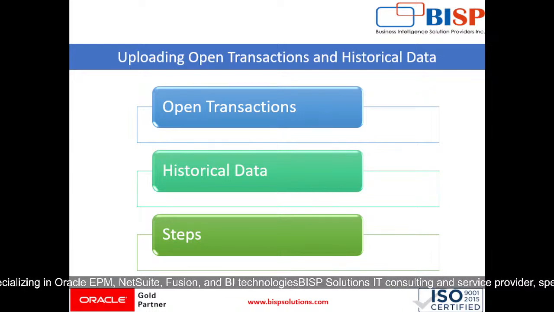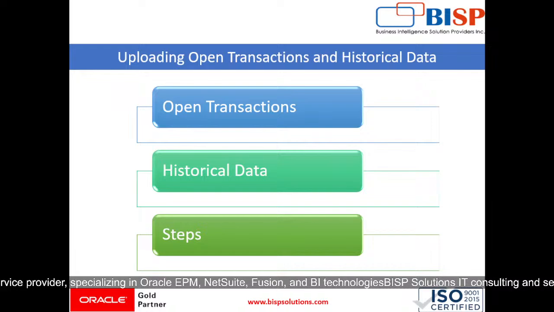For example, it includes open sales orders, purchase orders, and unpaid invoices. We export open transactions from QuickBooks, ensure they are in the correct format for NetSuite, and upload them into NetSuite using the appropriate import templates for each transaction type.